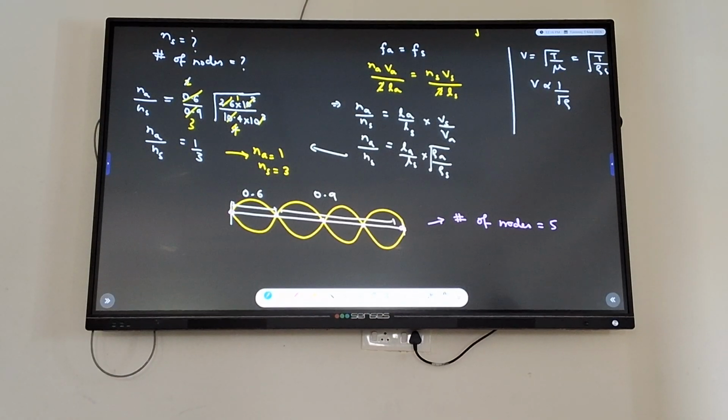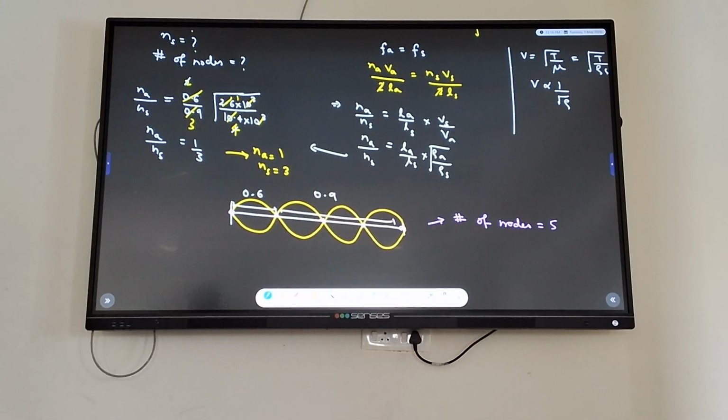It should be 26, actually, 10 power 2 into 10 power minus 6. What is the length? 1/12 came. I do it. Nv by 2L is the formula. Don't forget about the formula. Okay, 166. 164. I will accept that.